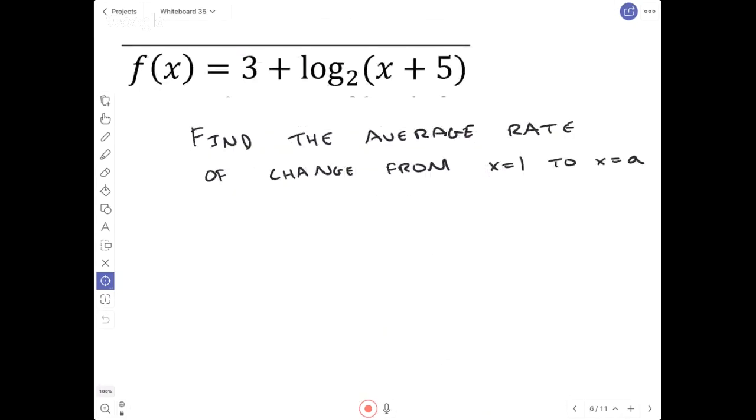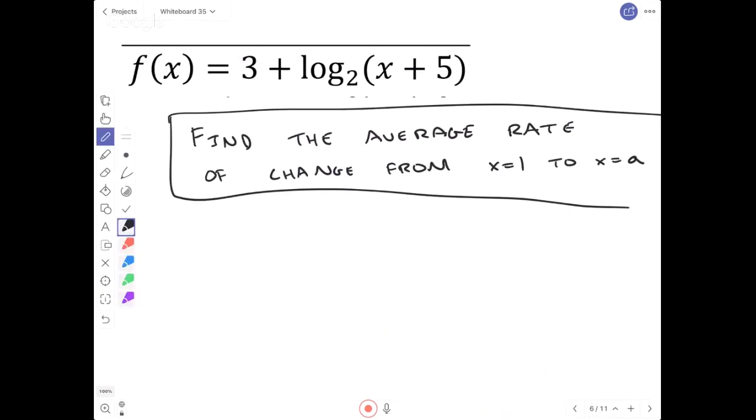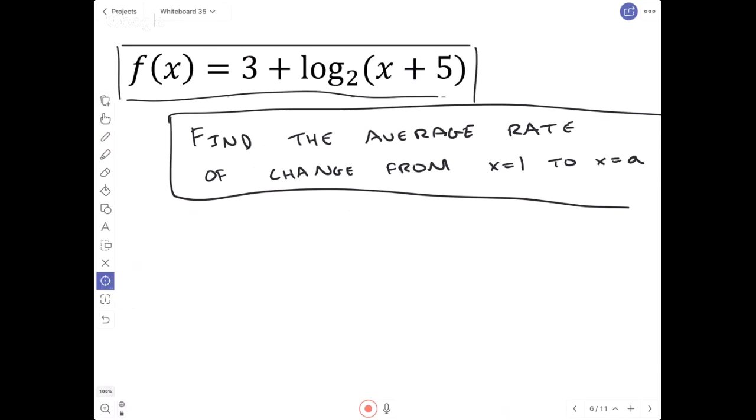Okay. Find the average rate of change. We're doing a new average rate of change problem about this one. So we're going to find the average rate of change from x equals 1 to x equals a. So the average rate of change. Whoops, can't spell it.